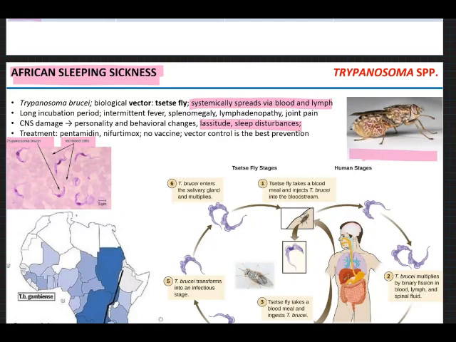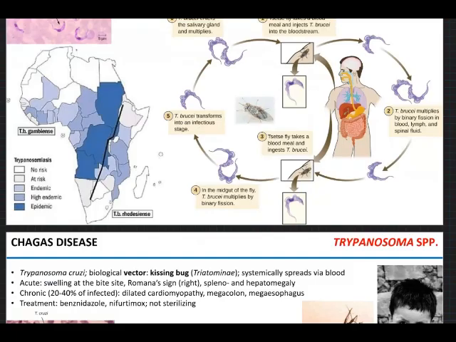Okay? Now, epidemiologically, sub-Saharan Africa. So this map here, sub-Saharan Africa. Okay? Now, Richard may correct me, should correct me, but I believe it is transmitted from the cattle, like buffaloes, and one of the main determinants of the presence of those flies is the proximity of water.